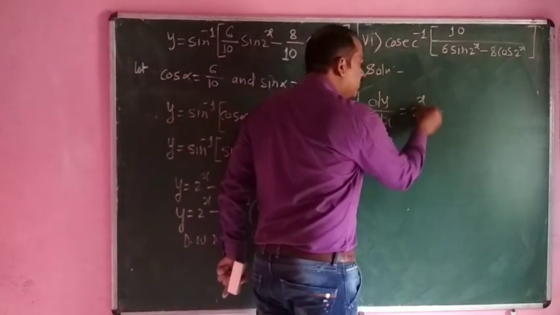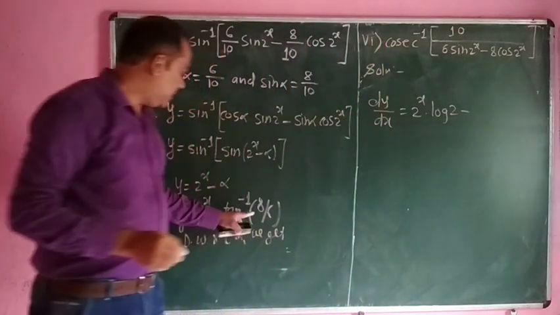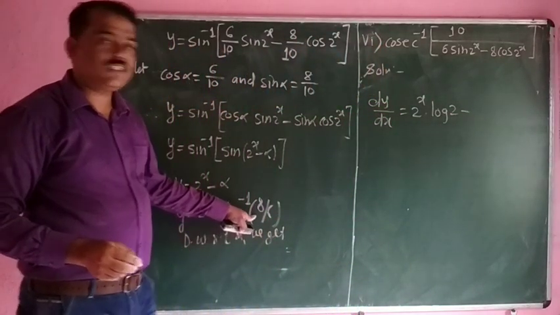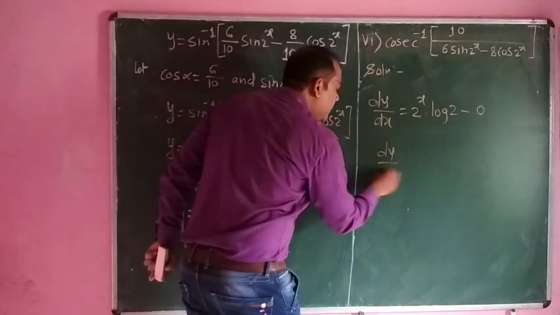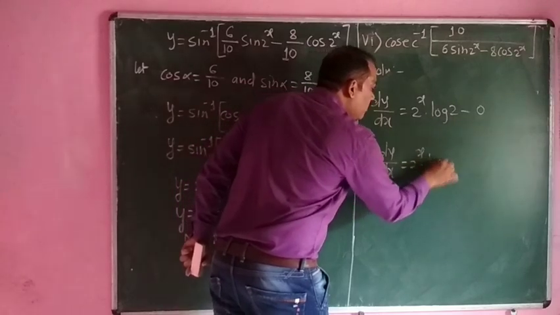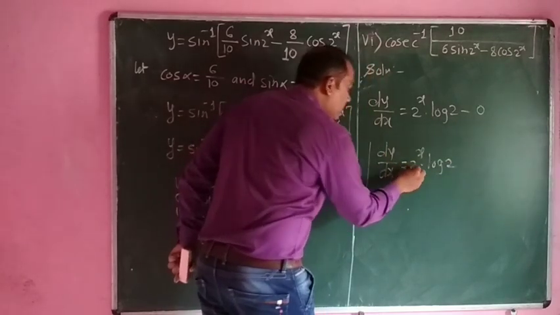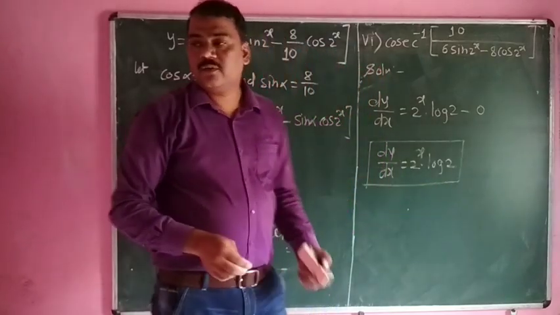Here the derivative of 2 raised to x is 2 raised to x into log 2, minus tan inverse of 8 by 6, which is a constant, its derivative is 0, so we get dy by dx is equal to 2 raised to x into log of 2, which is the required answer.